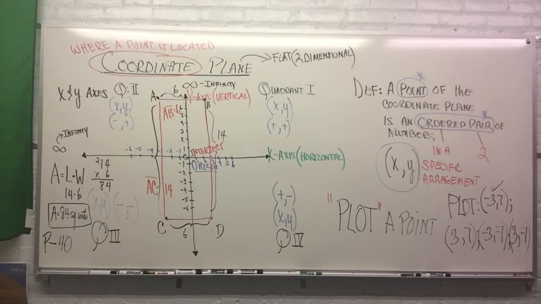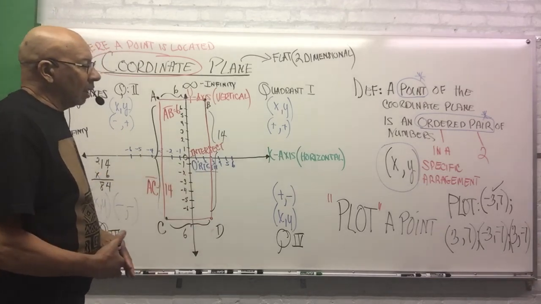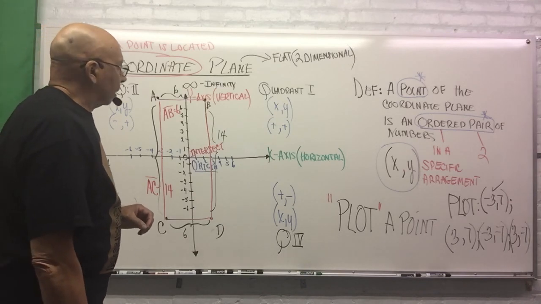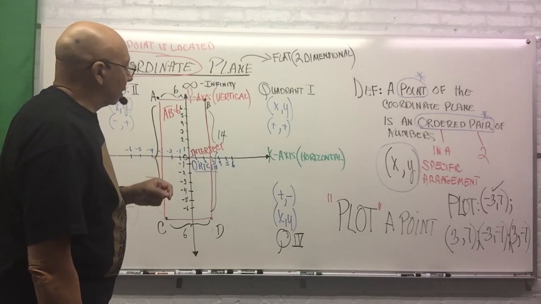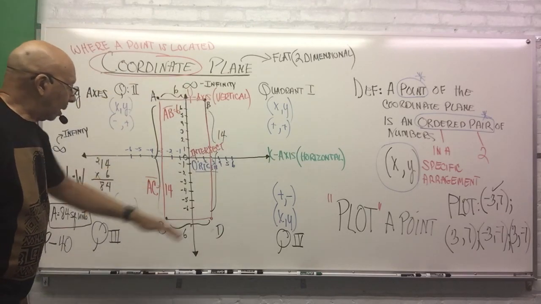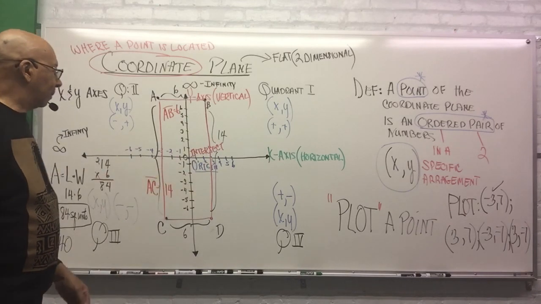So this is going to be a good place to stop. But the next video, we're going to pick up here and follow this into the next category of our work. What you'll do is go over this and make sure you understand the coordinate plane, how it works, how you plot points.